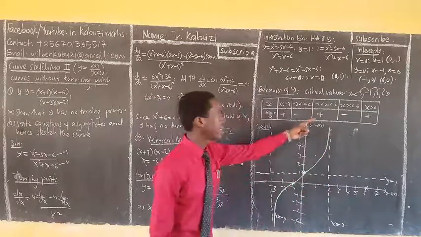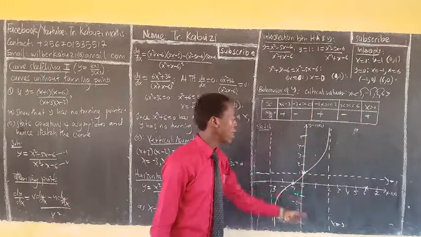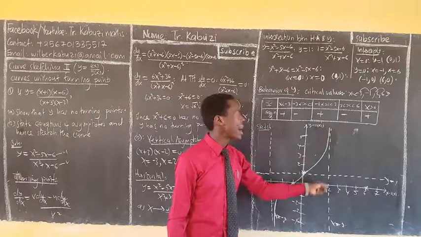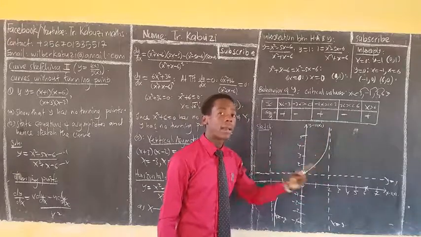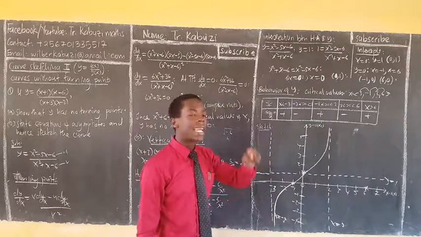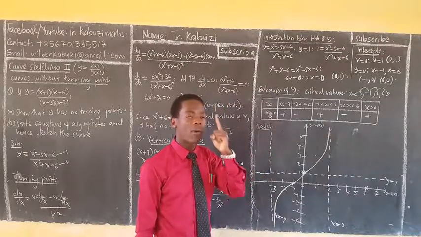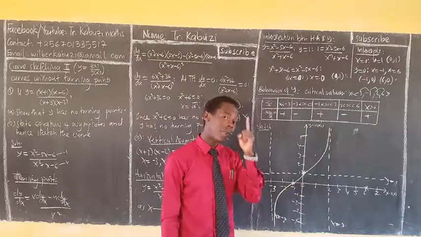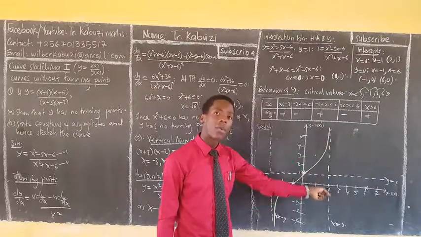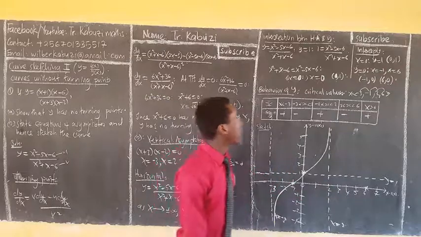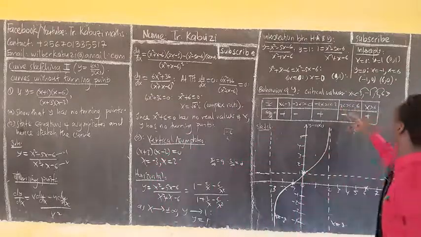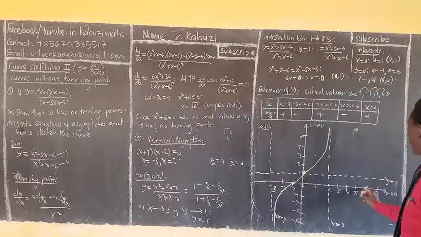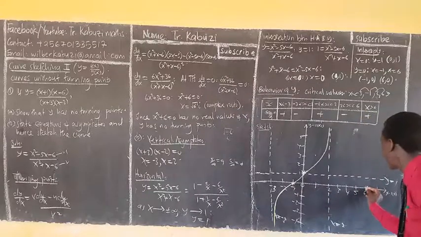A curve can never touch a vertical asymptote, but it can cross a horizontal asymptote, only once. Then between 2 and 6, it's negative. Because it has an intercept there, it's going to be like this.